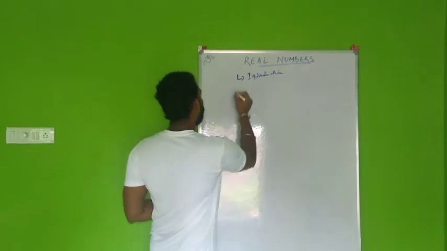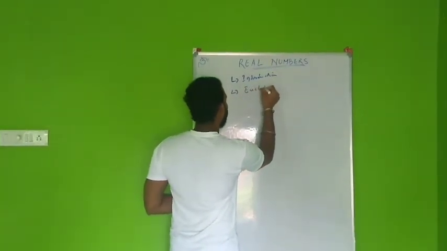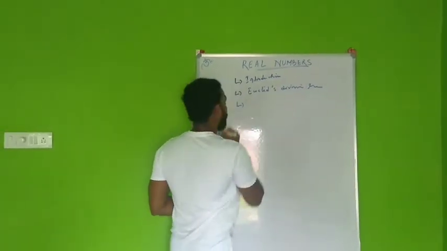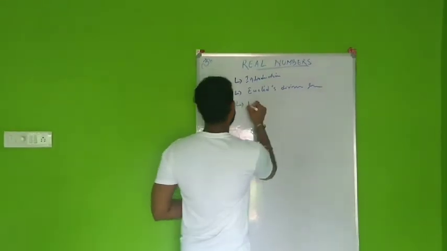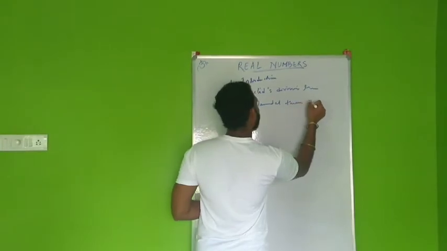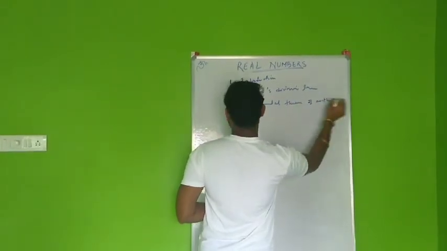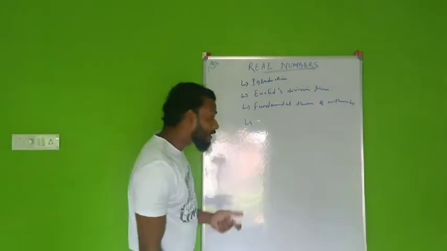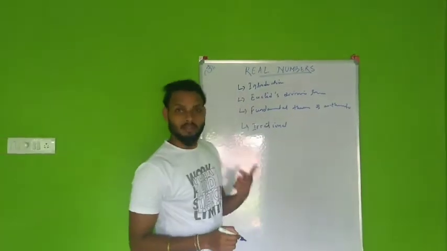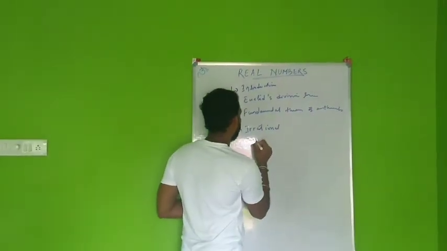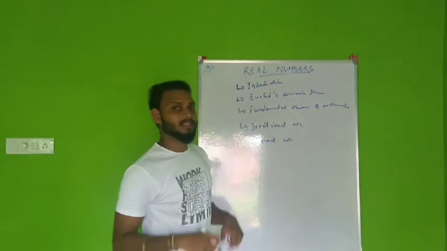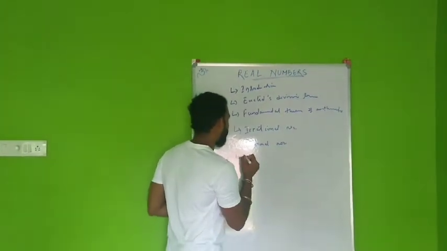Now we will see the second part, that is called Euclid's division lemma. Then we will see the fundamental theorem of arithmetic. Next, we will take a dip into the irrational numbers, then the rational numbers. Next, we will be seeing the decimal representation of these rational and irrational numbers.